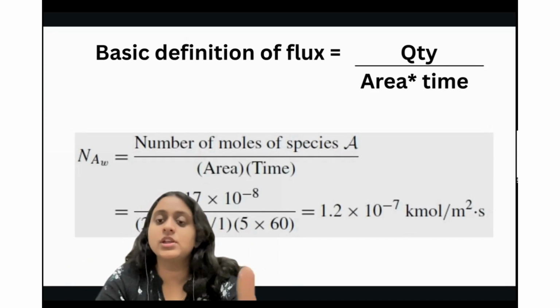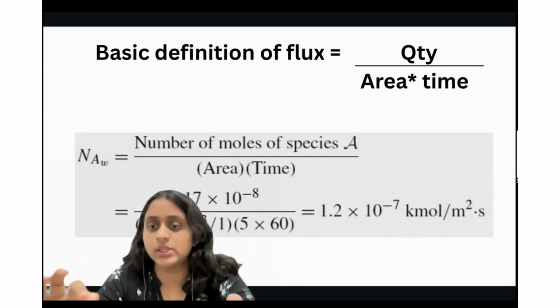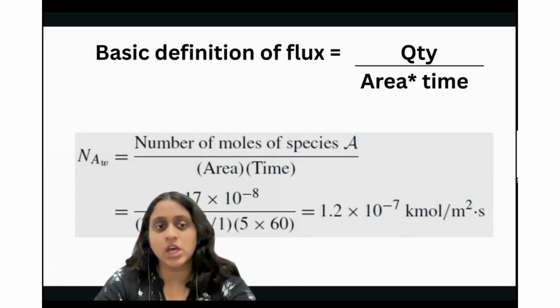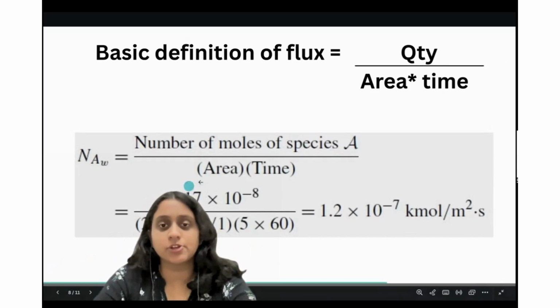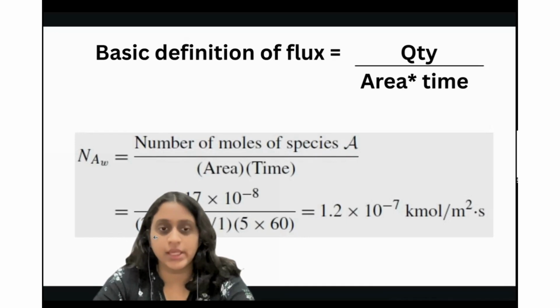So we will go by the basic definition of flux, which is quantity per area into time. Since this is a molar flux, the quantity will be number of moles upon area into time. The number of moles is what we calculated in the earlier slide.